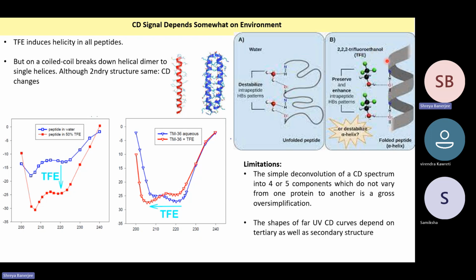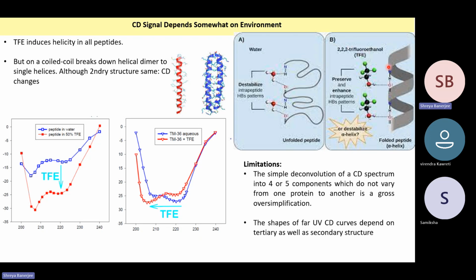So suppose you have a helix, which in water is unfolding and becoming random coil, because a helix is stabilized by hydrogen bonding interactions. But in water, the water will interfere with the hydrogen bonding interactions and unfold the helical structure. But trifluoroethanol is a molecule that promotes the helical structure by stabilizing the intramolecular hydrogen bonds in the helix.